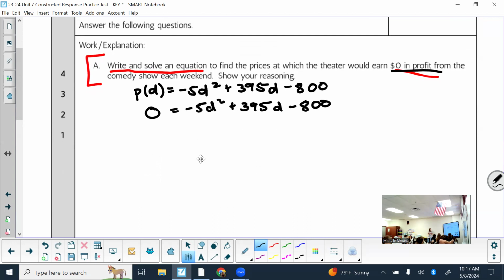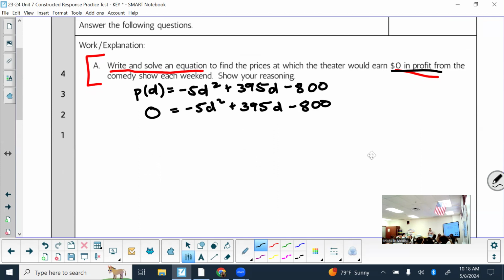While you probably could factor, I'd go against it just because these numbers are too big. Do you really want to find what multiplies to, I don't know, 4,000 and adds to 395? You could, but I wouldn't recommend it. Do you like completing the square? That one has a lot of steps. I don't know if you remember them all, but you could try it.